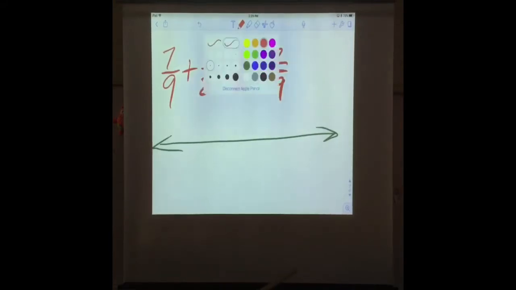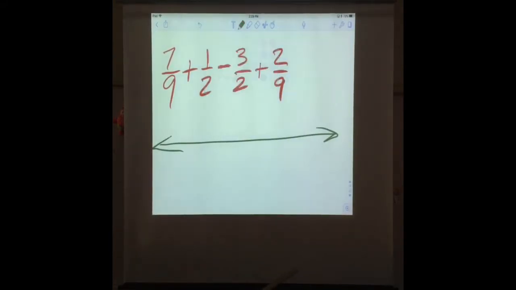So let's rewrite our problem and put our 7/9 together with our 2/9, because both of these are addition, right? Yes. I like it. And then we'll leave our halves together. Is that correct? Yes. We'll add a half, and then we're going to subtract 3 halves.